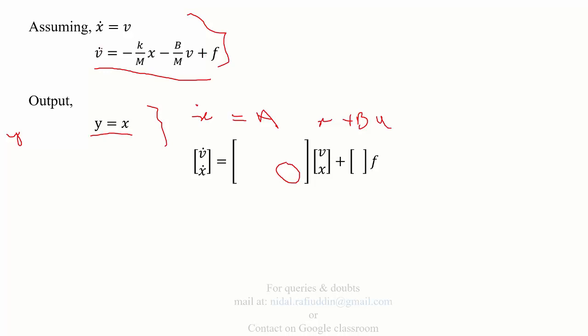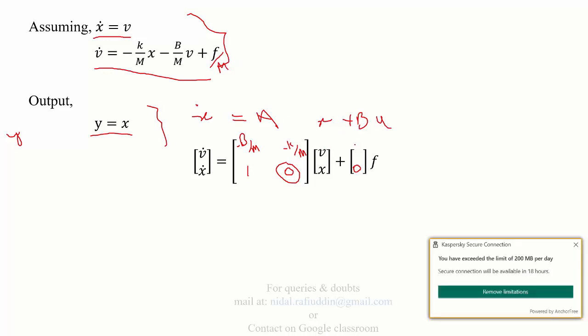So we first wrote this relation x dot equal to v. So x dot is equal to 1 times v and 0 times x plus 0 times f. Likewise, in the second relation, v dot equal to minus k by m x, since x is here, you will write minus k by m here, minus b by m times v, and you have input f by m, so you'll be writing here 1 upon m times f.